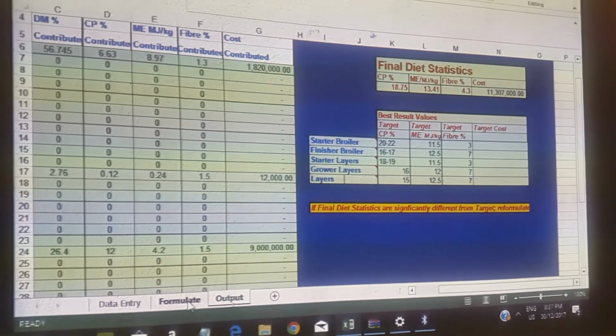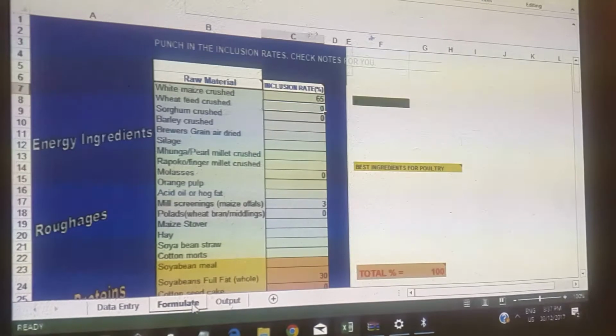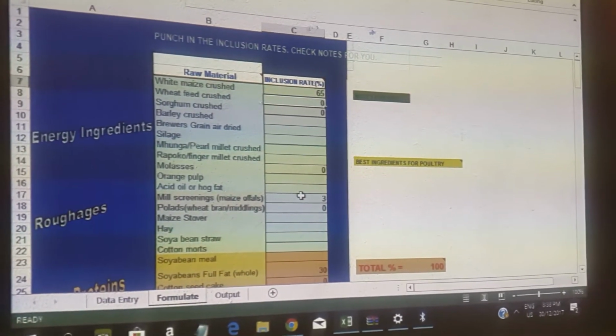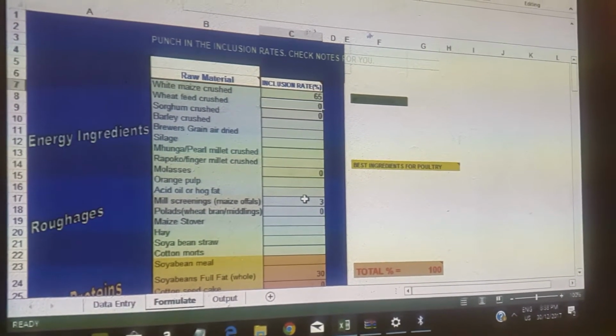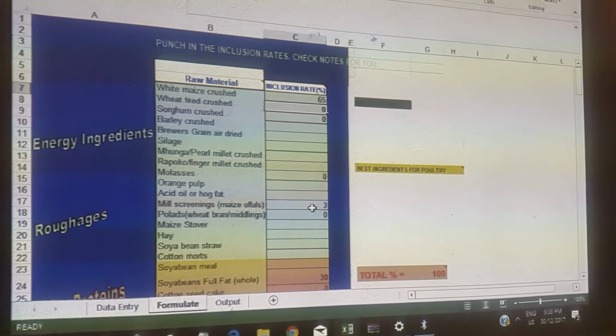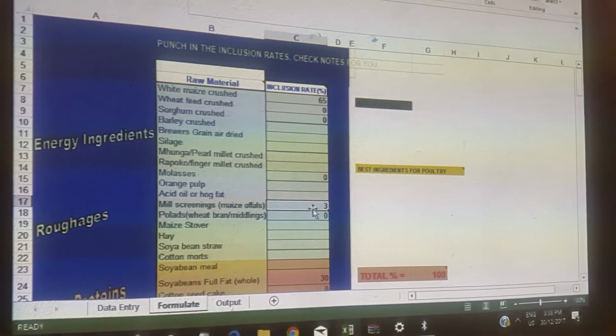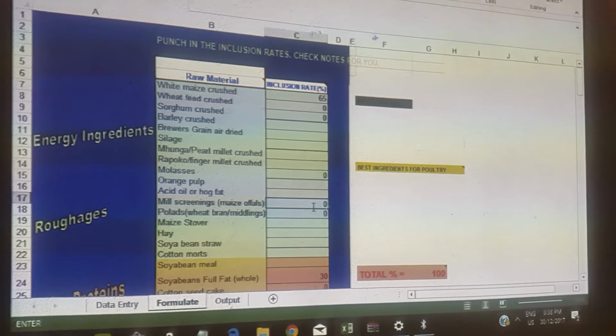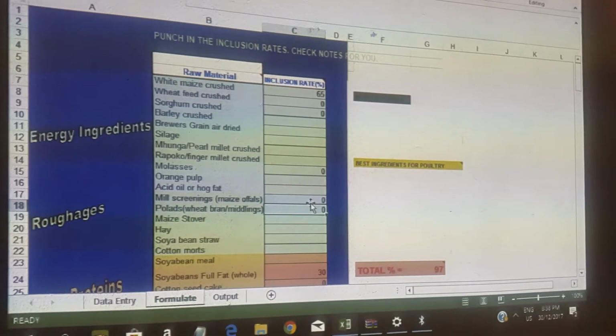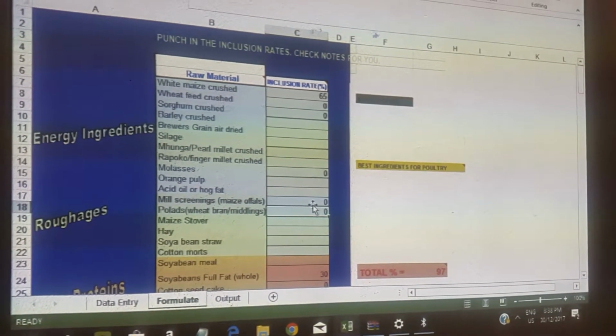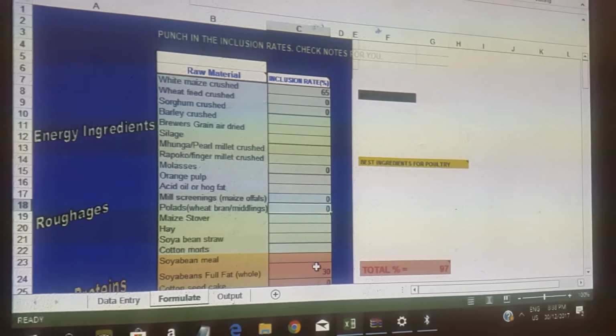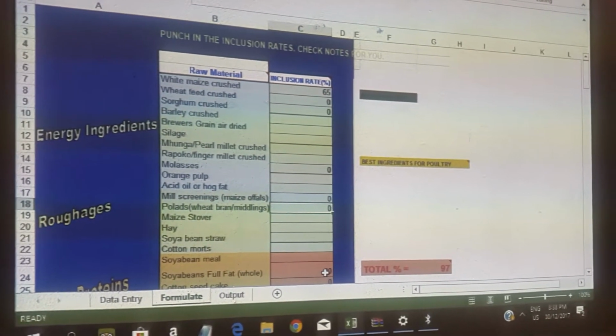It's there. Let's say I go back there. What will happen if I put 0 on the maize screenings? Completely take them out. Enter. I'm on 97.